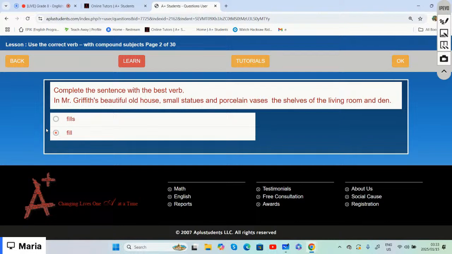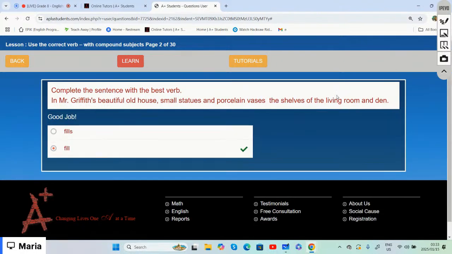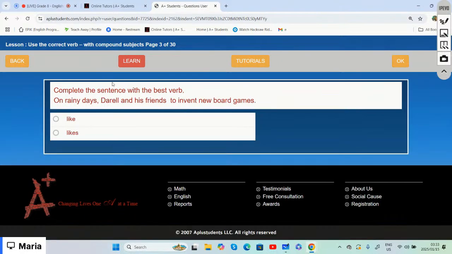And the next one says, in Mr. Griffin's, we said fill. On rainy days, Daryl and his friends, do we say like to invent new board games or likes to invent new board games?